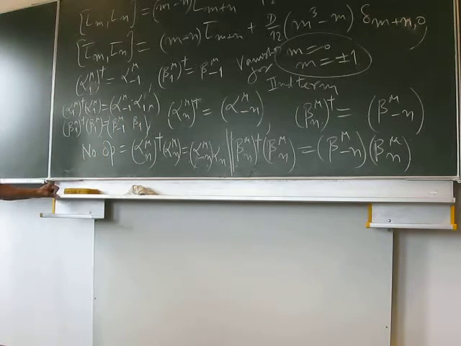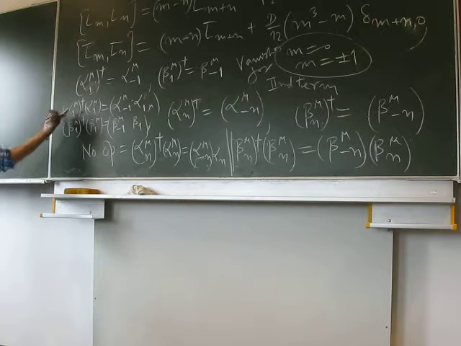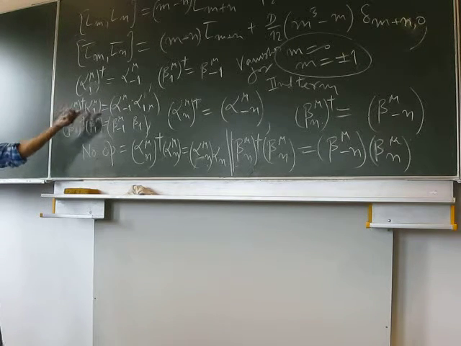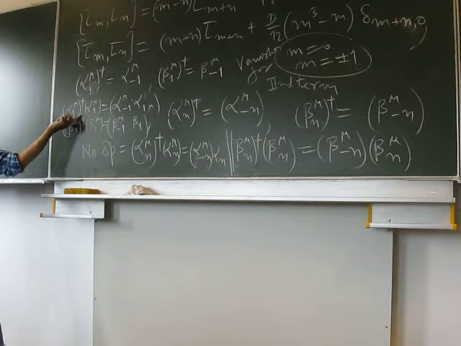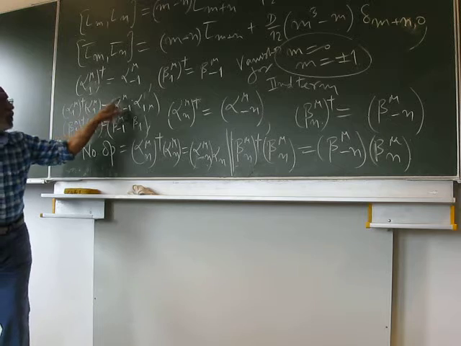Is this okay? This is nothing but the creation operator, this is the annihilation operator. But this is equal to alpha^mu_{-1}.